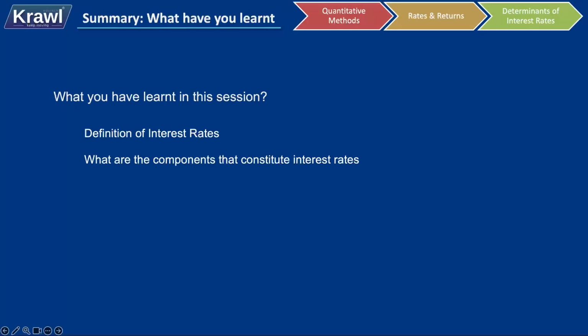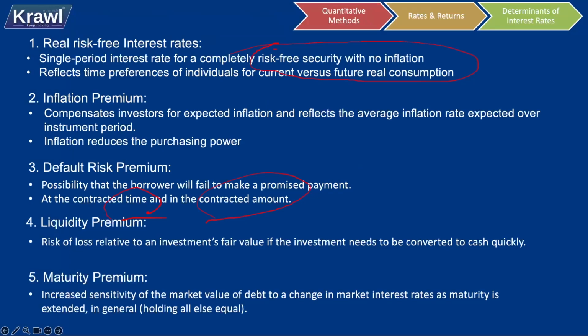And we have also looked into the components that constitute interest rates, and there are 5 specific constituents which determine an interest rate. The first is the real risk-free interest rate, and once you have the real risk-free interest rate, you top it up with inflation premium, default risk premium, liquidity premium, and maturity premium.